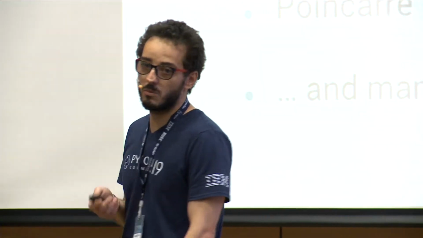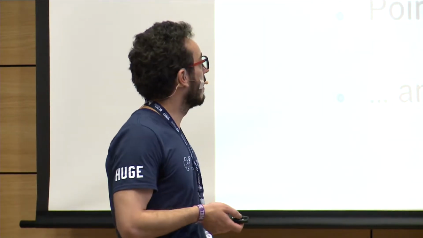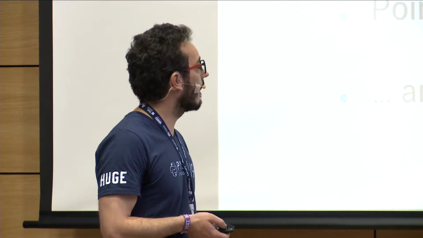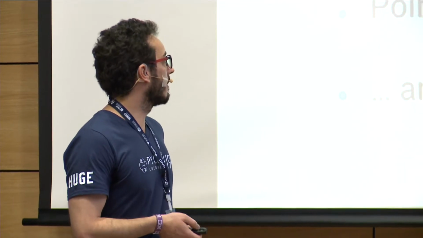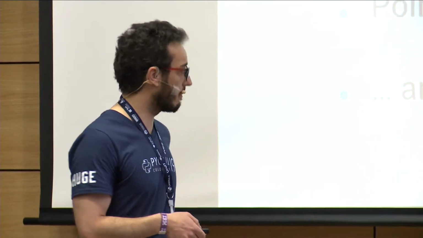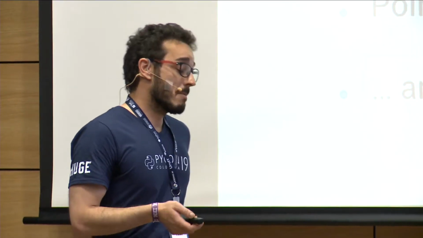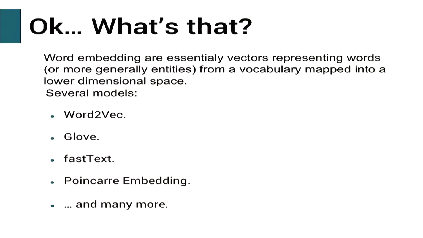One of the most famous algorithms of word embedding is word2vec, developed by Mikolov et al. at Google in 2013. Then GloVe, fastText, developed by Facebook, Poincaré embedding, and well, every 6 months there are new models, and I'm sort of lost as well.